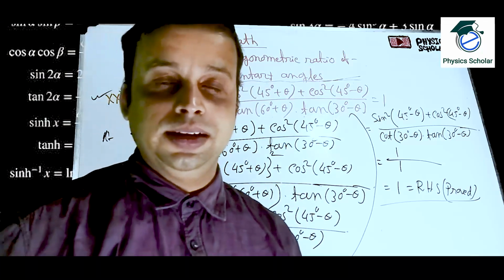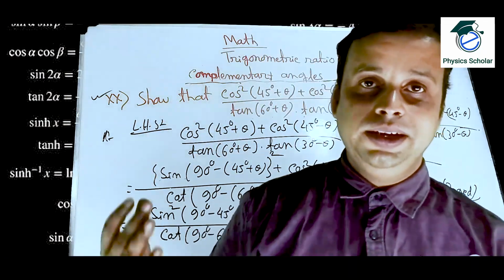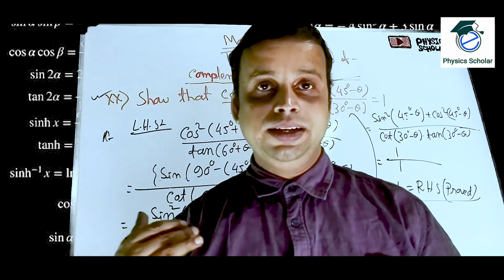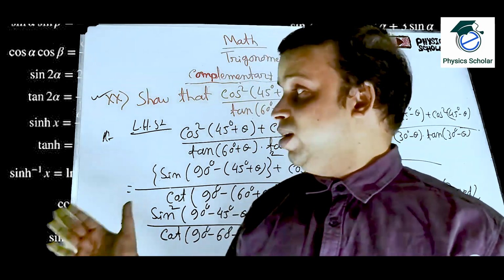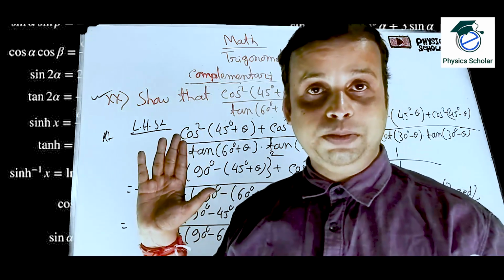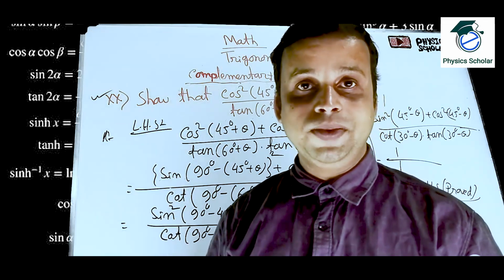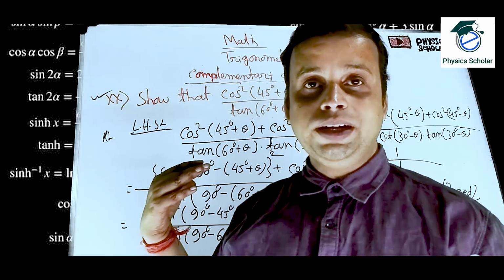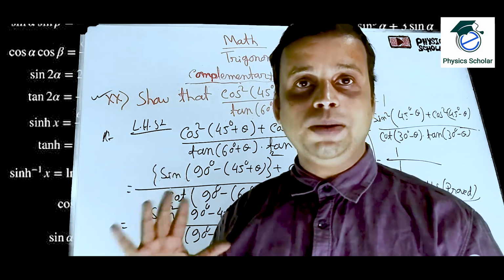So students, I hope you have understood all the sums, and you have to practice them. 20 sums we have solved today in this episode. So these portions we completed, the trigonometric ratios of complementary angles, that chapter we have completed.